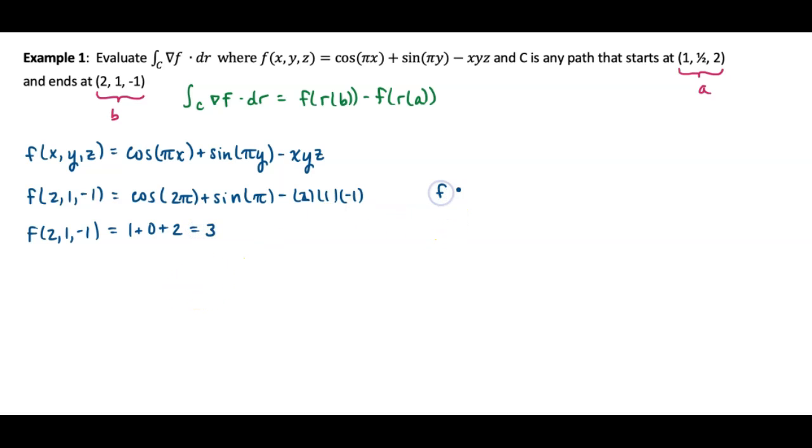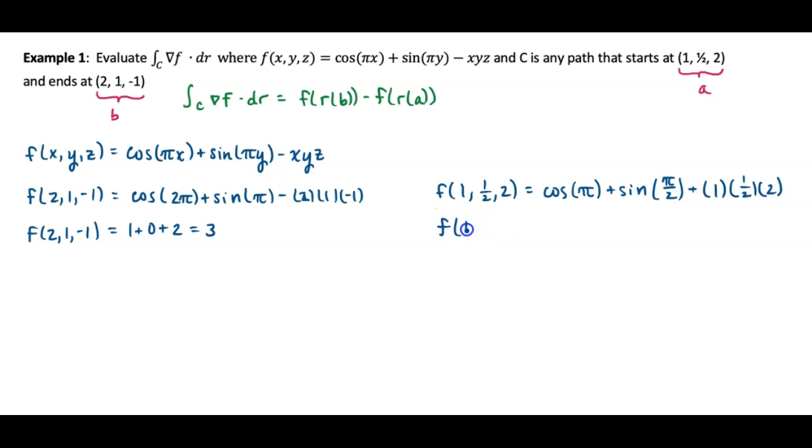Now our function evaluated at the first point, because we're taking the second point and subtracting the first point. So at the first point, this is f of (1, 1/2, 2). Plugging this in, we get the cosine of 1 pi plus the sine of pi over 2 plus 1 times 1/2 times 2.